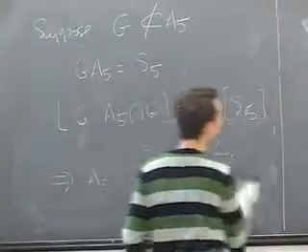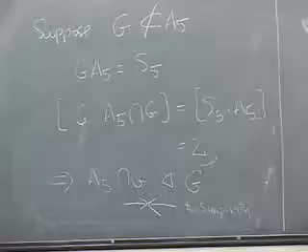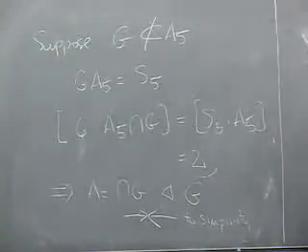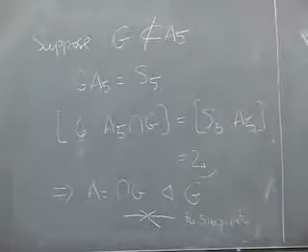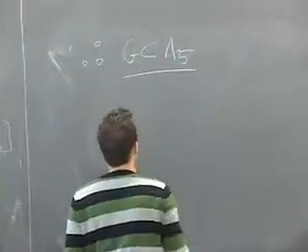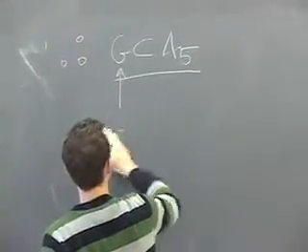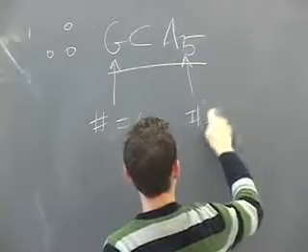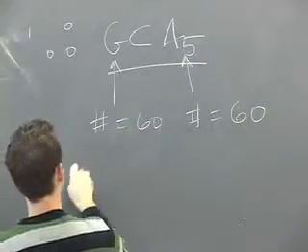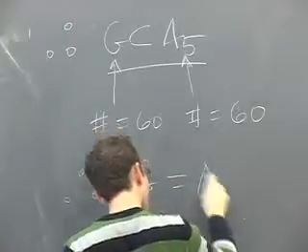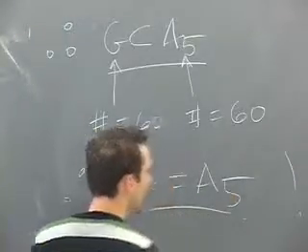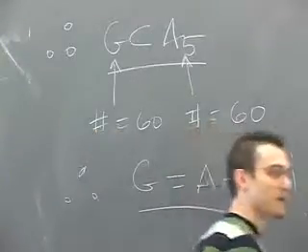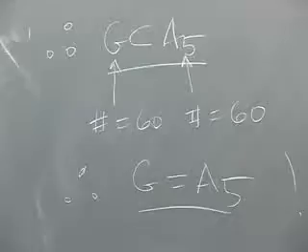So we must indeed have that G is a subgroup of A5. Therefore, G is in fact a subgroup of A5. Now this thing has order 60, and this thing has order 60. It follows that they must be equal. Yay! So we've actually shown that in this case, G is A5, or at least isomorphic to A5.